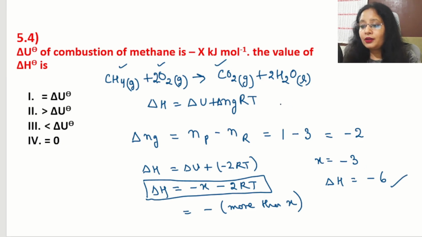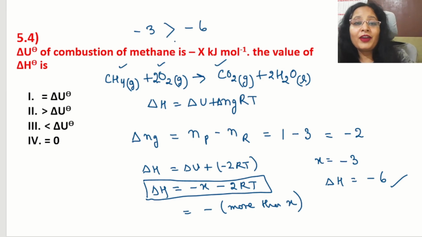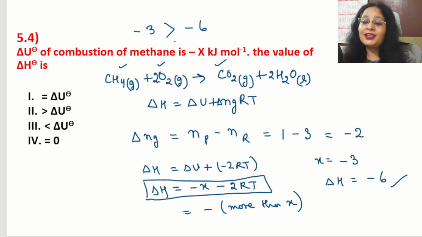Now compare. If minus 3 and minus 6, which value is bigger? Minus 3 is bigger. Correct? It means the value of X, or we can say delta U, is bigger than delta H. Clear? Now in this case we understand delta H is smaller and delta U is bigger.